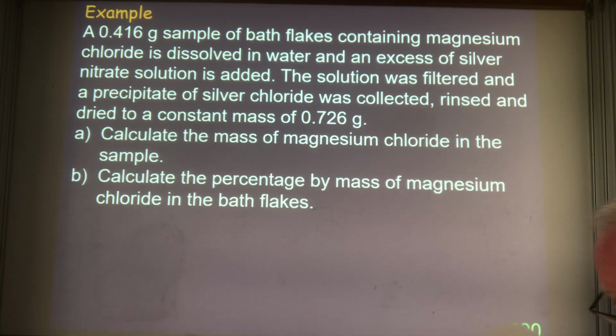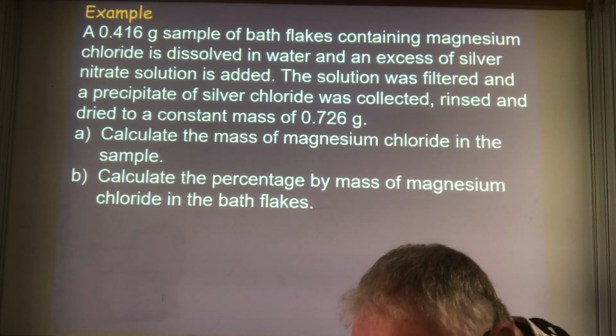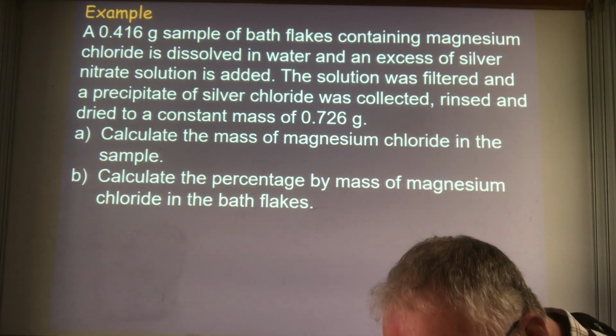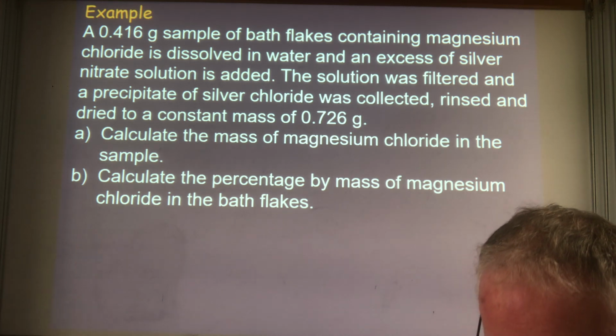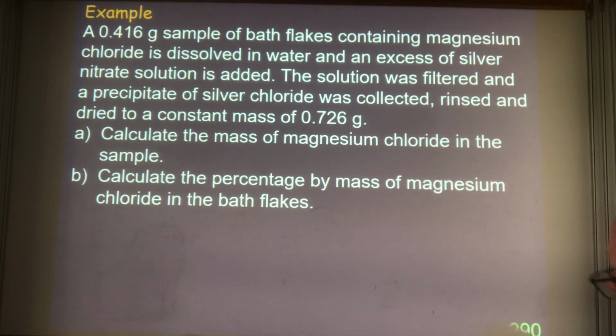Part B is just converting that to a percentage by mass. Now, a key part of these questions is actually working out which mass is which in the question. We're given two masses. We're given the mass of the bath flakes and we're given the mass of the silver chloride precipitate.